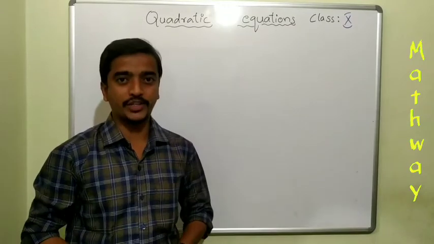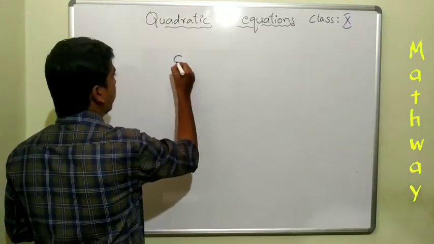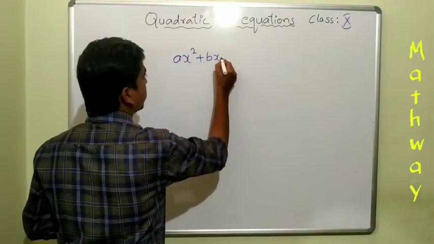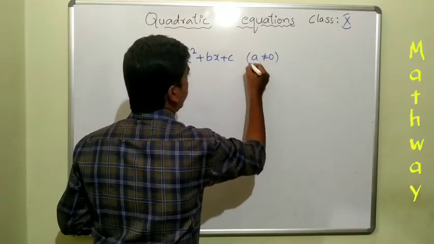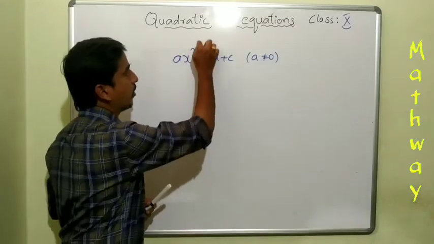In the polynomials chapter we learnt about the quadratic polynomial. If a polynomial is in the form ax square plus bx plus c, where a is not equal to 0, then it is called a quadratic polynomial, because the degree of this polynomial is 2.